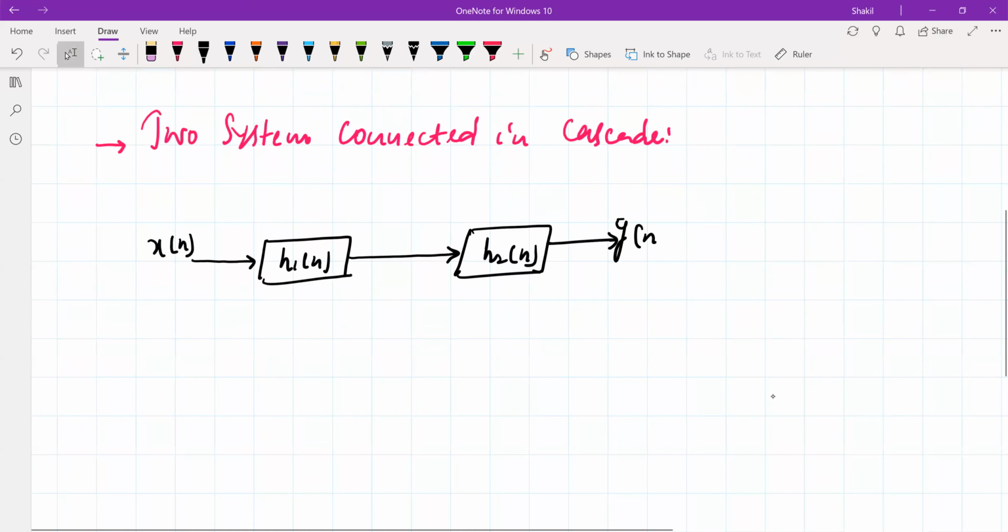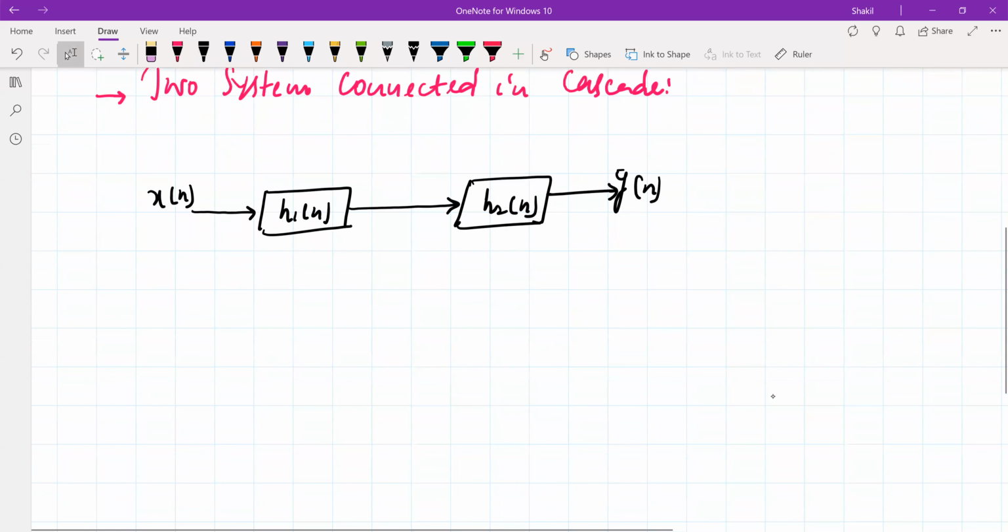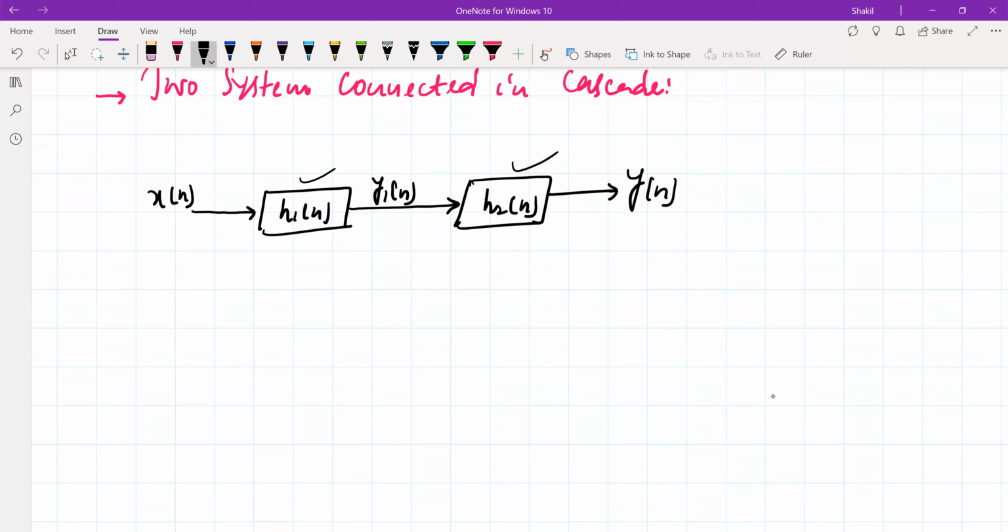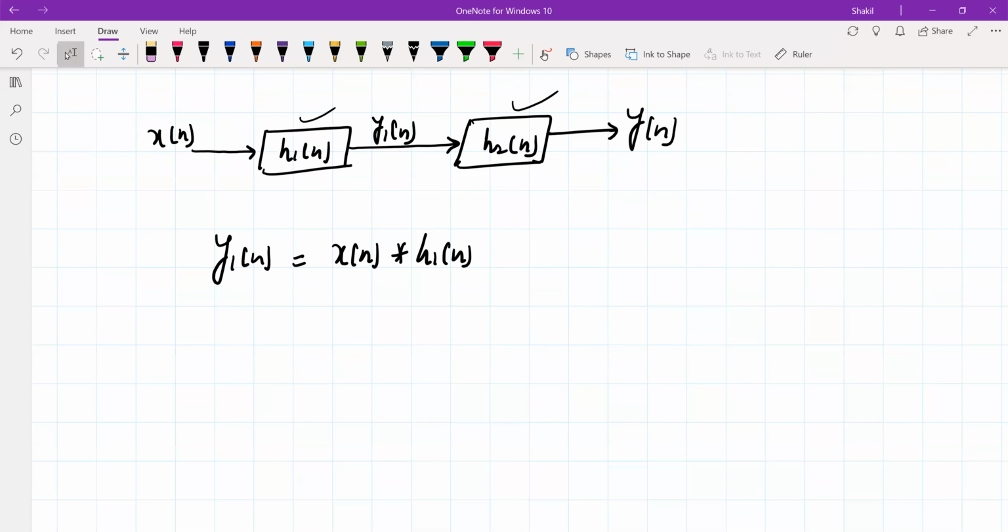Let me call the intermediate output y1 of n. Now from LTI system theory, y1 of n will simply be x of n convolved with h1 of n.